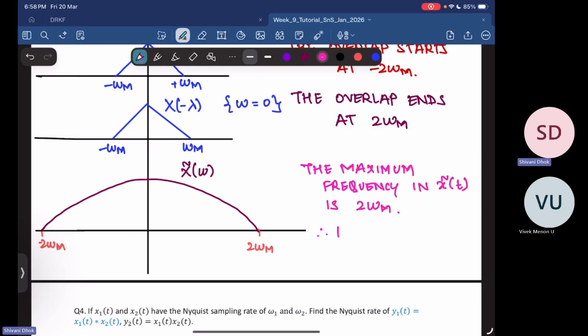So therefore, the Nyquist rate is 2 times the maximum frequency, 2 times omega m. And 2 times omega m was the Nyquist rate of your x of t, that is omega naught, so this becomes 2 times omega naught. So when you convolve the signal with itself, your sampling frequency gets doubled. Okay, is it clear? Any questions?